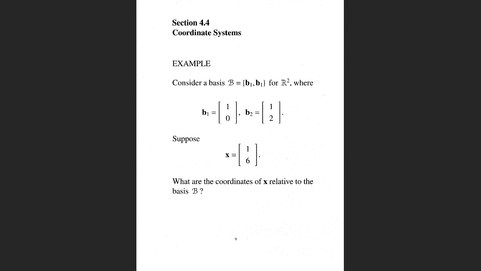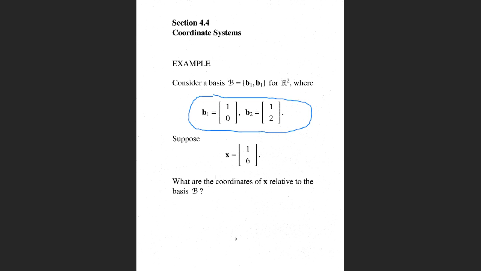So just to get your head comfortable with this, we'll go with a simple example here. I have a basis, b1 and b2, that is a little different than what you're used to.